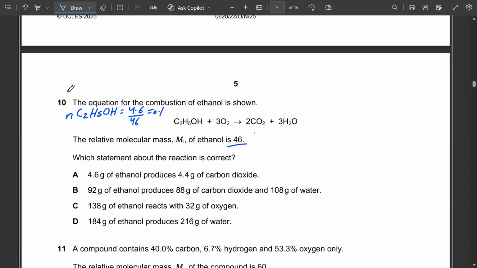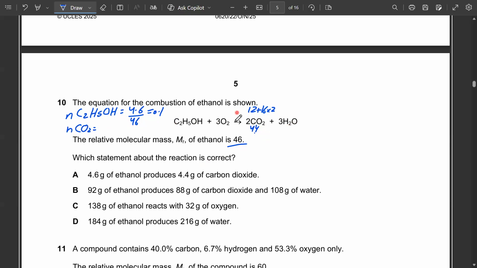In a similar way, we have to find the mole for the carbon dioxide. But before that, we must understand what the MR of the carbon dioxide is. So MR of carbon dioxide is calculated as 12 for the carbon and 16 times 2 for the oxygen. This is equal to 44. So 44 is the MR of carbon dioxide.